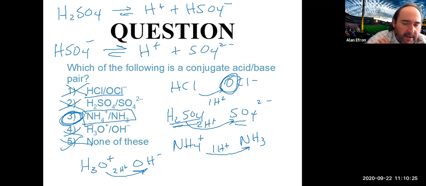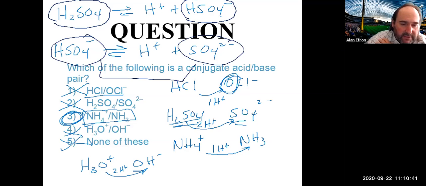So in terms of pairs, in this particular case, this one and this one would be pairs, as the only difference is 1 H plus. This one and this one would be pairs, as the only difference between these two is 1 H plus. But going directly from here to here, they are not pairs. They are like one step removed from each other. So they are not pairs because of that.